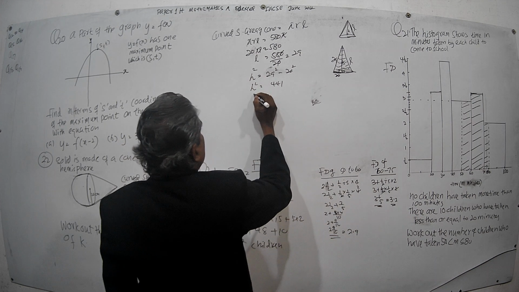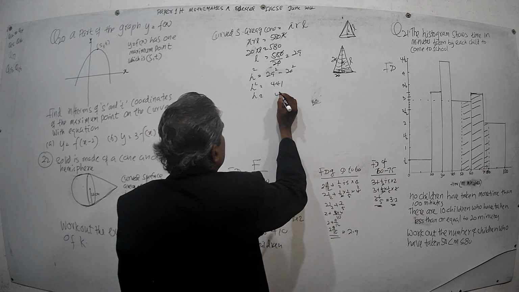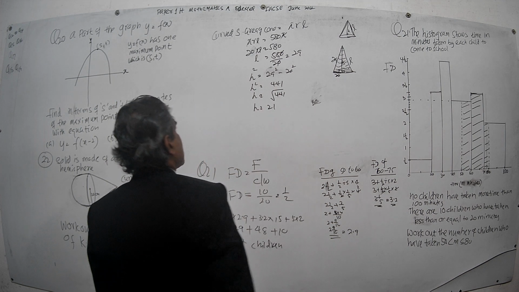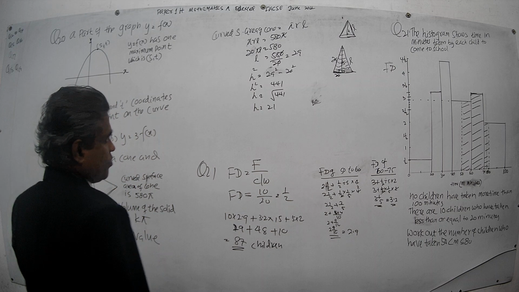Then h equals the square root of 441, so h equals 21. We found h also.